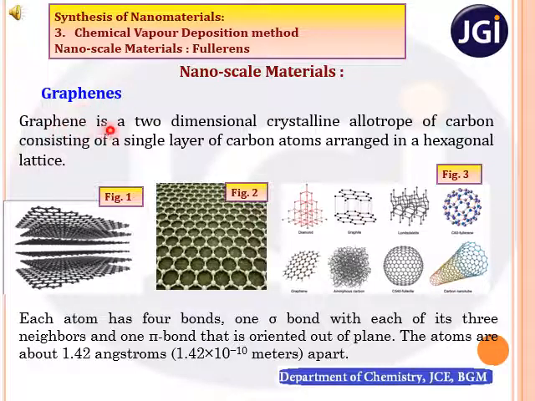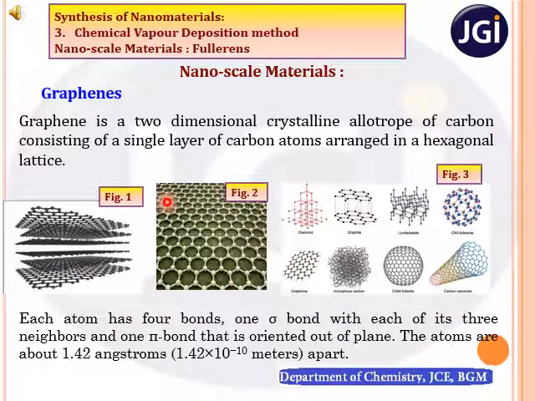Graphene is a two-dimensional crystalline allotrope of carbon consisting of a single layer of carbon atoms arranged in a hexagonal lattice in which one atom forms each vertex or apex. Look at figures 1 and 2. This is the image of graphene.